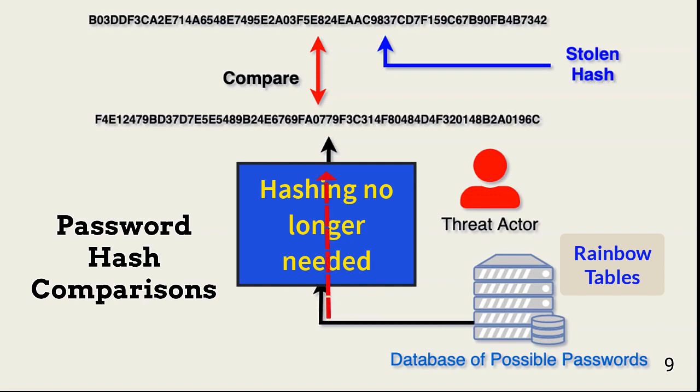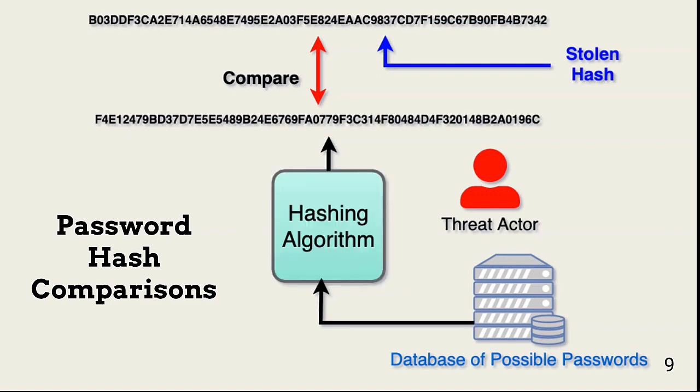This eliminates the need to hash each value when conducting dictionary or brute force comparisons of password hash values. The values in the tables not only include letter combinations, they also contain words spelled with special characters, numbers, lowercase and uppercase, as well as simply appending numbers to the ends of words.